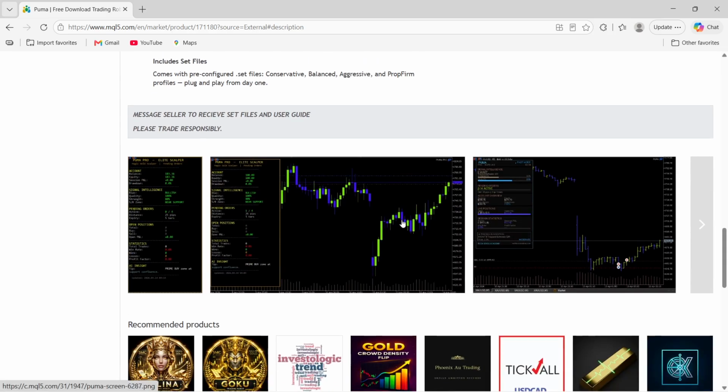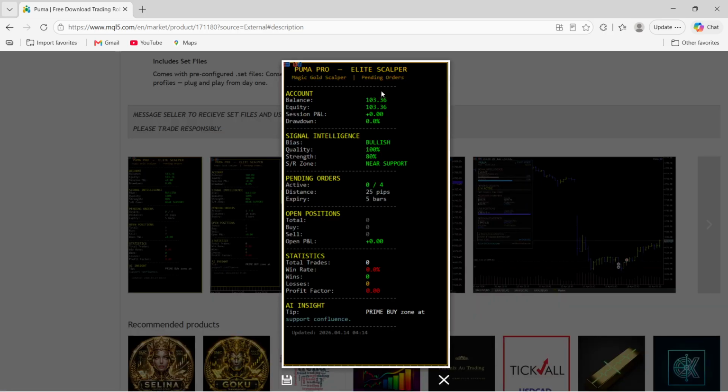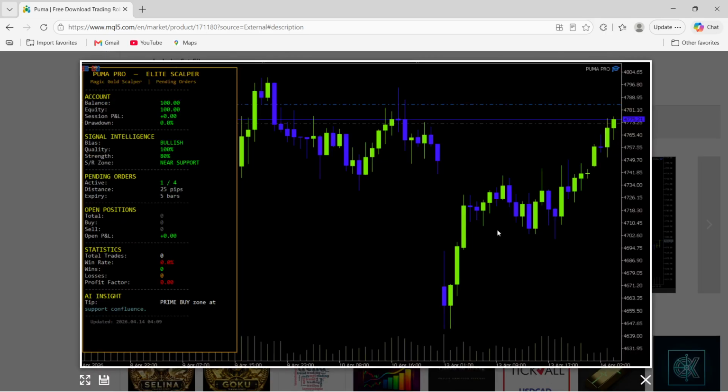Right, so we have some screenshots here from the developer. This is what it looks like. We're also going to be seeing it when I carry out my own back tests. This is how it looks on the charts.